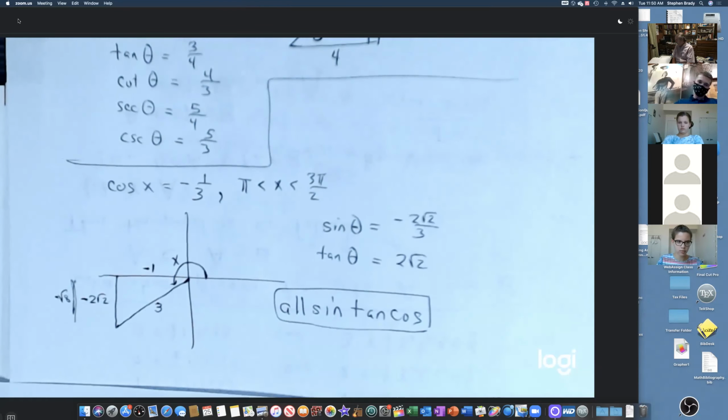And what it says is everything is positive in the first quadrant. The sine and its reciprocal are the only ones positive in the second quadrant. The tangent and its reciprocal are the only ones positive in the third quadrant. And the cosine and its reciprocal are the only ones positive in the fourth quadrant.